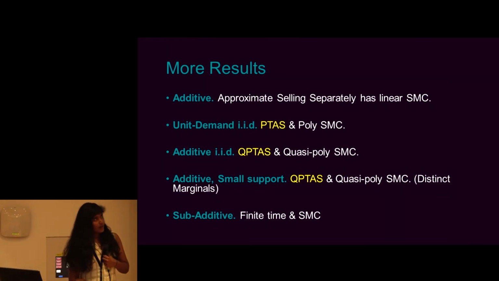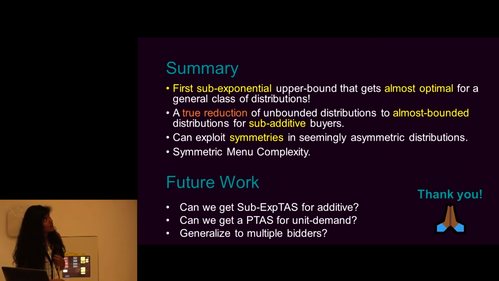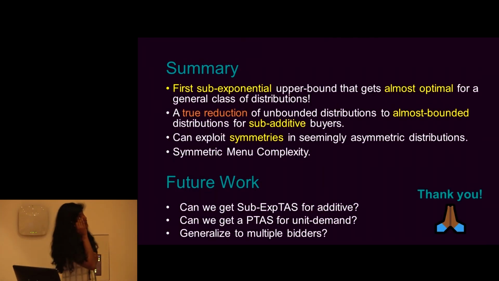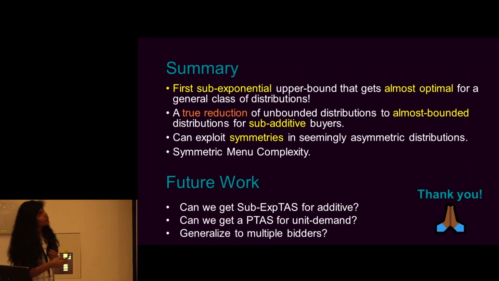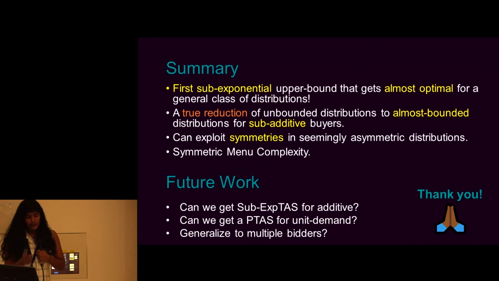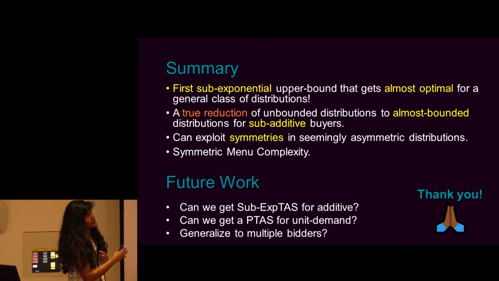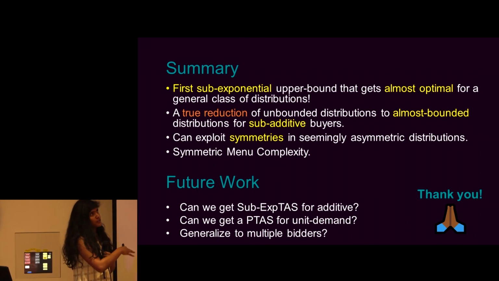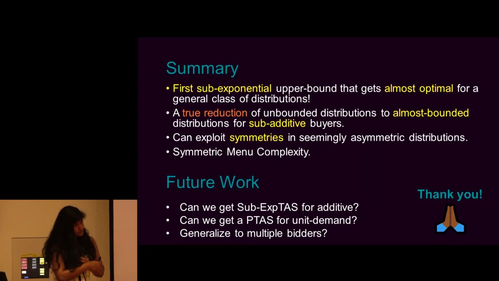We had other cool results that you can ask me about later. To summarize, we give a sub-exponential upper bound that gets almost optimal revenue for a general class of distributions, specifically unit demand. It's a true reduction from unbounded distributions to almost bounded distributions, and this is for subadditive buyers.